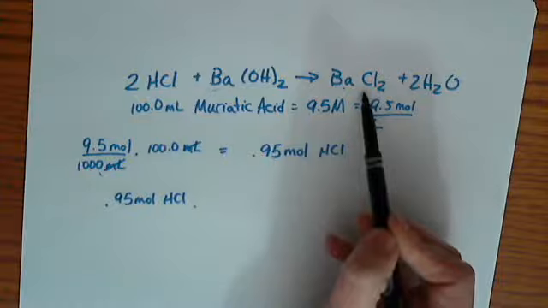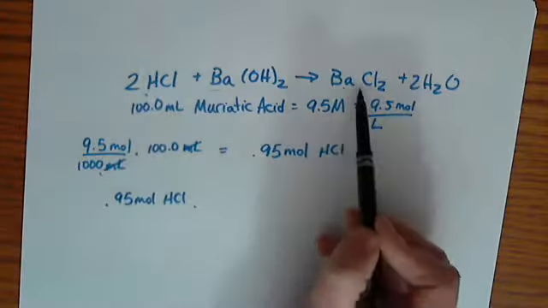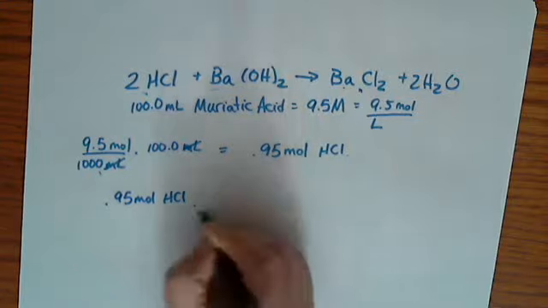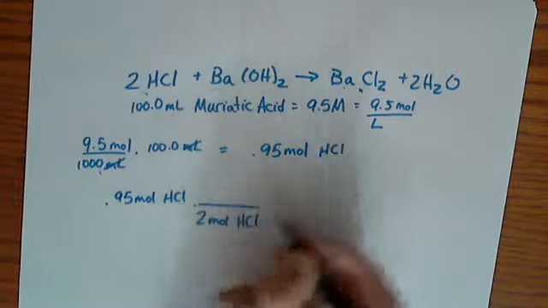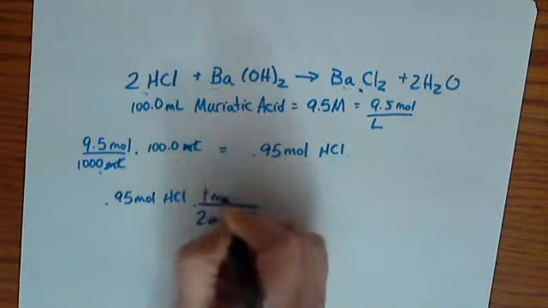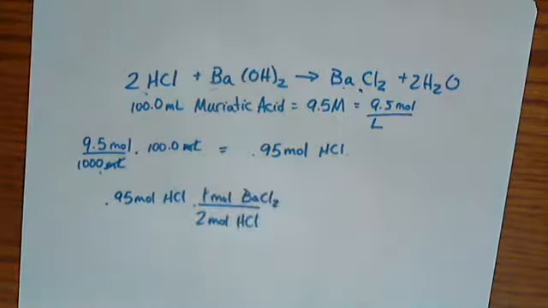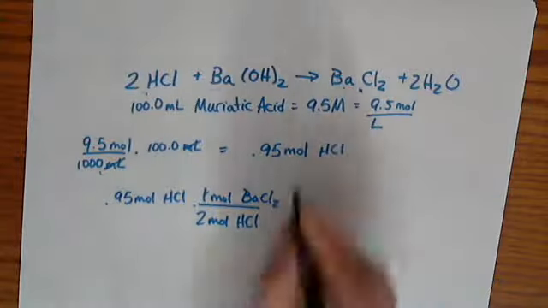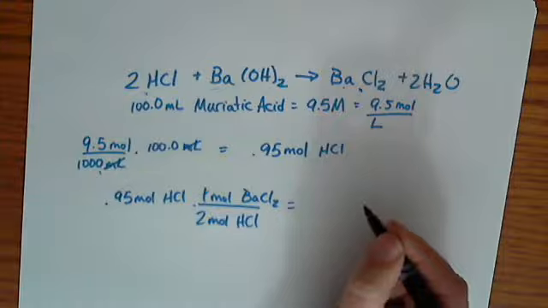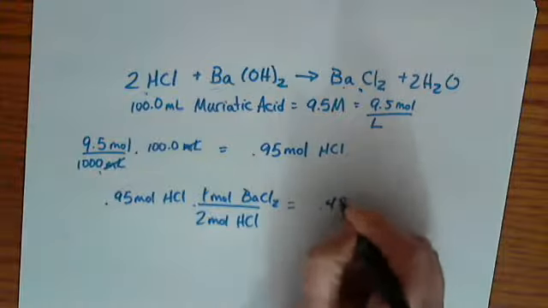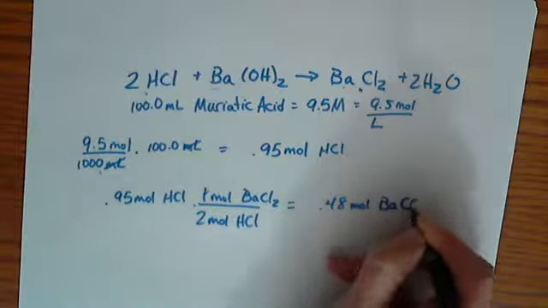That's what my balanced chemical equation tells me. It tells me I need 2 moles of this for every 1 mole of that. So 2 moles of HCl makes 1 mole of barium chloride. And I'm going to find out from this that I will actually make 0.48 moles of barium chloride.